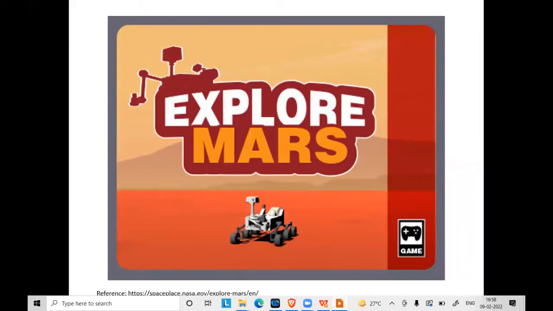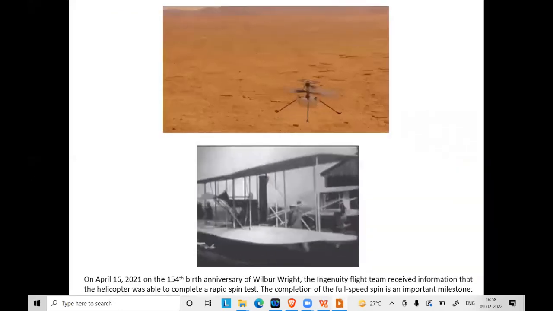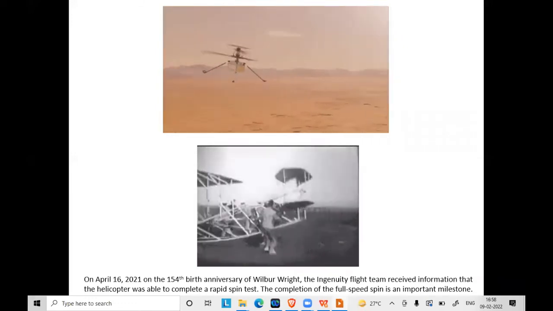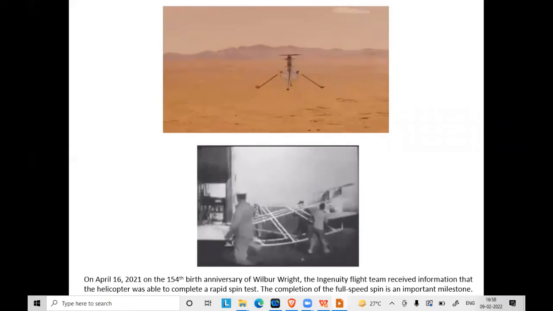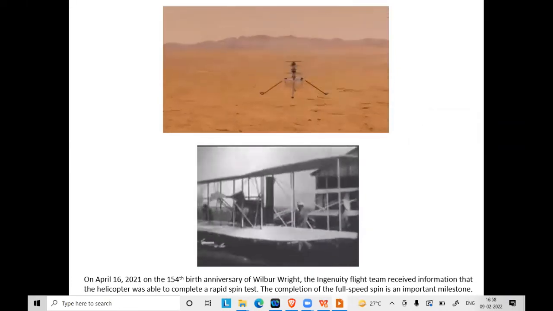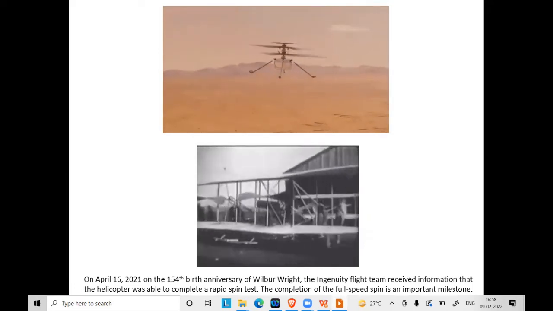All of you like playing computer games. So here is an interesting Explore Mars game. I have again shared the website at the bottom. On April 16, 2021, there was the historic flight of the Ingenuity helicopter of NASA's Perseverance mission.